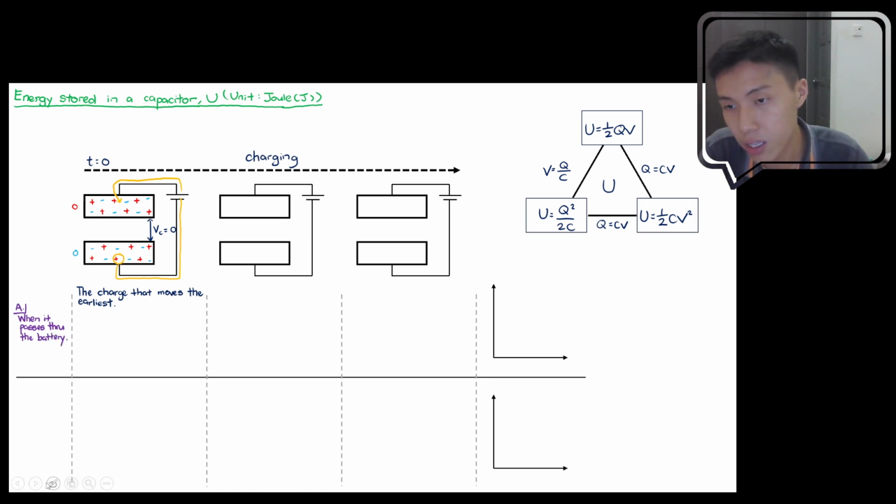Then the second thing I'm going to study is when the charge moves from one plate to another, when it arrives at the upper plate of the capacitor.